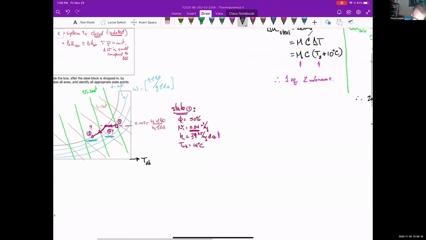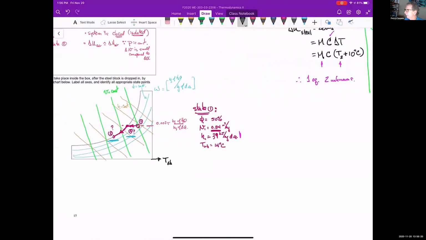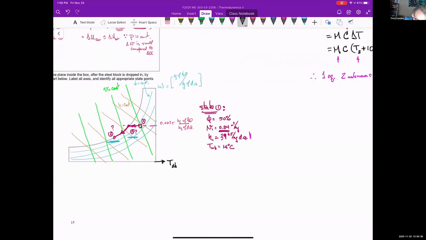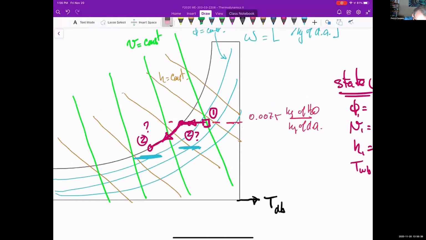So back to our psych chart, at this point we would look at it. I'm not going to close my screen here to go back to it. I'm just going to look at it myself. I know that I'm looking for an enthalpy of 19 kilojoules per kg. I'm following it down, and whoa, I see that I'm way below where I was initially. So in fact, I've answered that question here. I am not here. I am here.